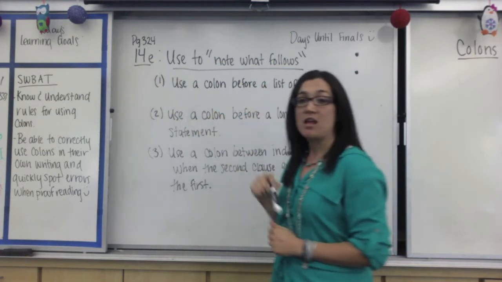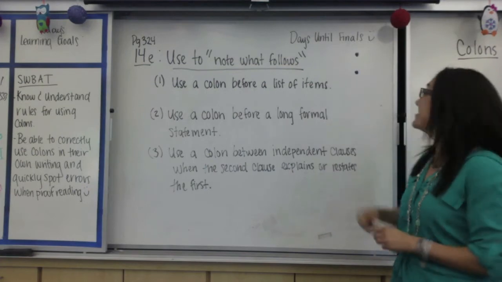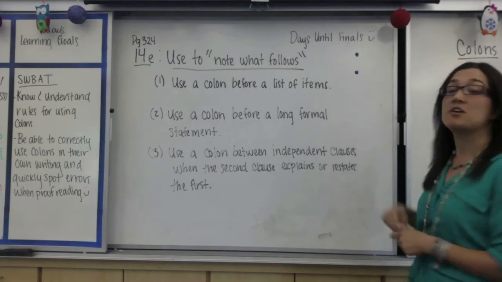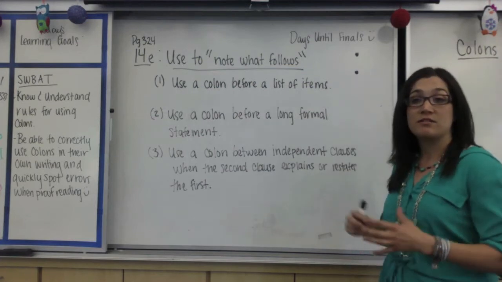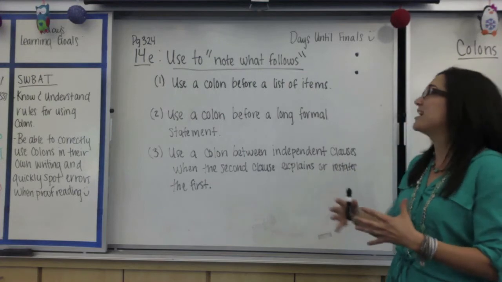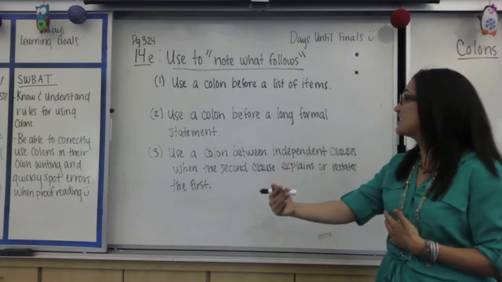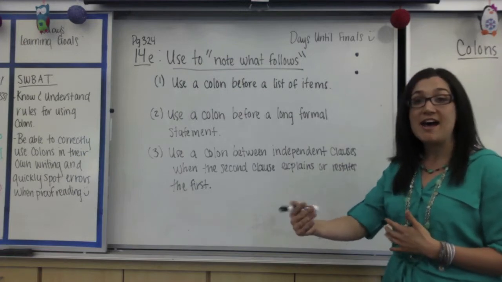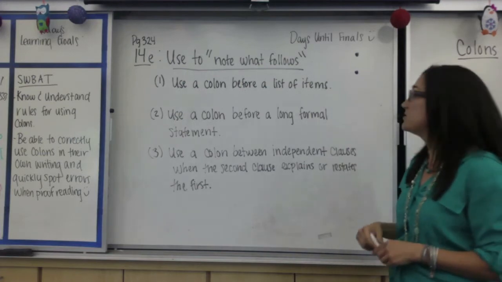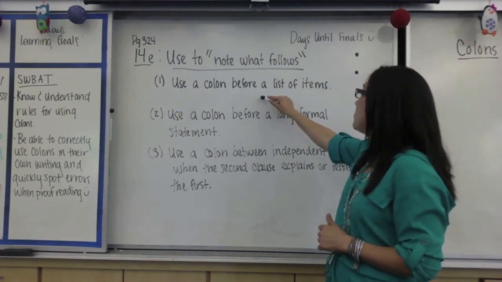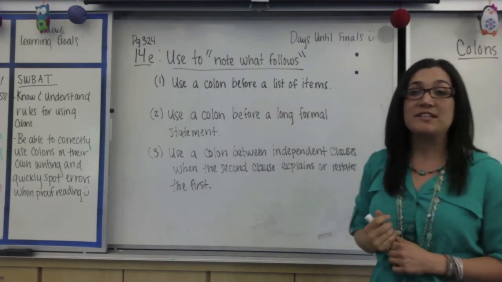So Chapter 14, Rule E. The first instance that we use colons, and this is a colon right here, these two little dots, is when we want to let our reader know that we're going to give them a list. We want them to take note of what we're going to be saying next. We have sub-instances here. The first one is we use a colon before listing items.